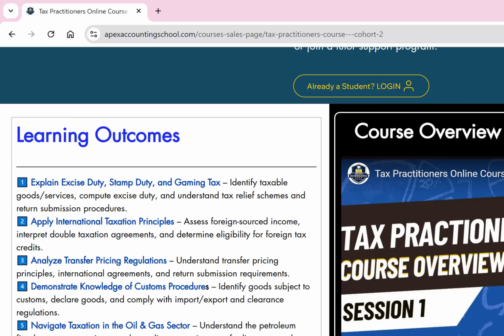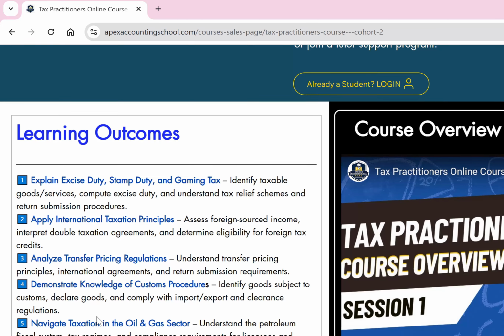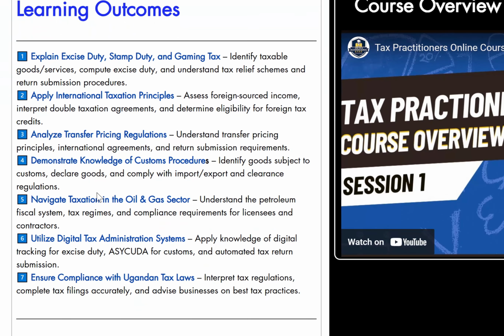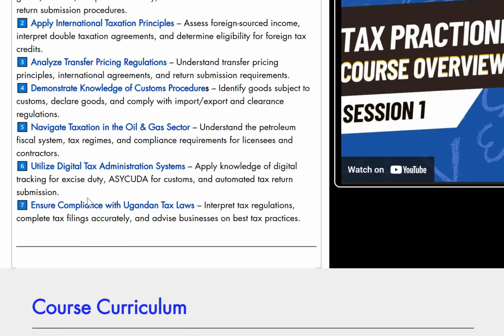You should be able to navigate taxation in the oil and gas sector. We shall be using practical case studies for you to understand the petroleum fiscal system, the tax regime under the petroleum oil and gas sector, and then the compliance requirements for licensees and contractors in the oil and gas sector. At the end of the course, you should be able to utilize digital tax administration systems, should be able to apply the knowledge of digital tracking for excise duty, digital systems for customs, and the automated tax return submissions.